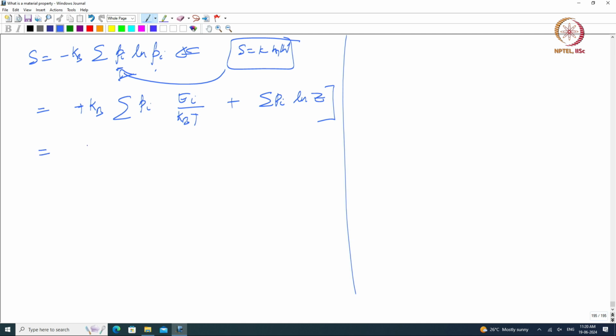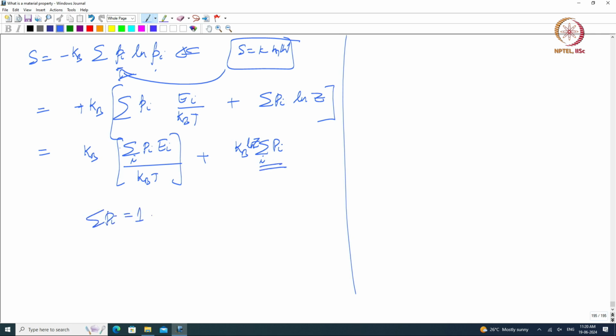So now, kB is outside, sigma pi ei by kBT, because the summation is over i, plus kB sigma pi, and the summation is over i, ln Z, right. And sigma pi is just 1, and sigma pi ei is the total internal energy of the system, right.